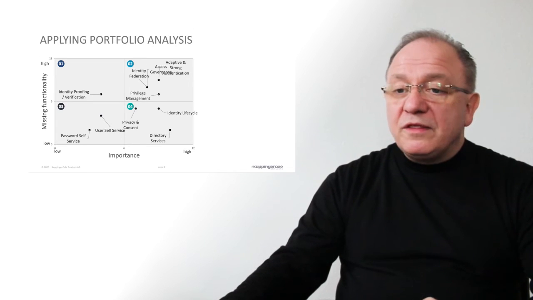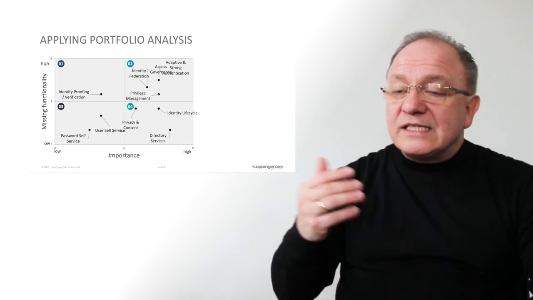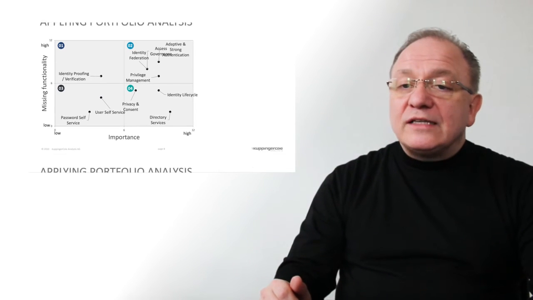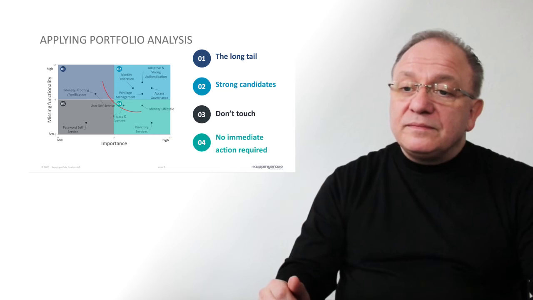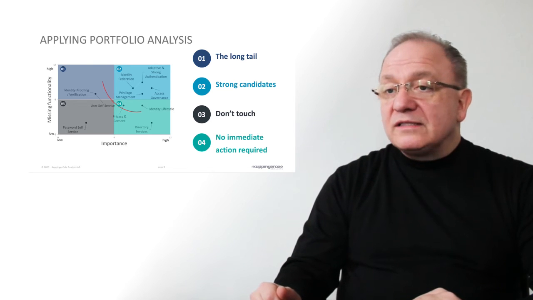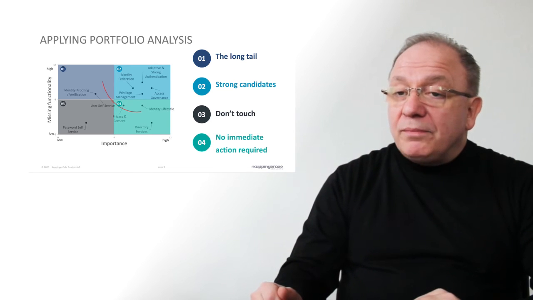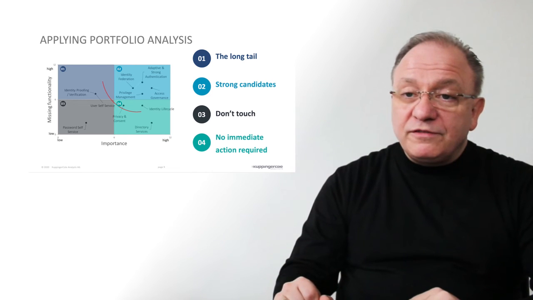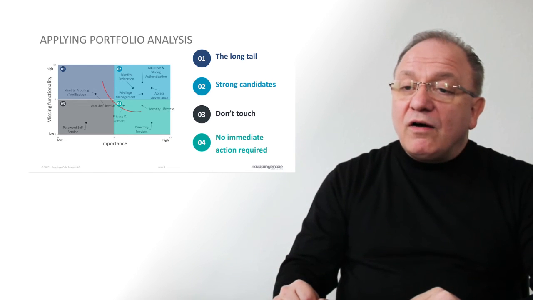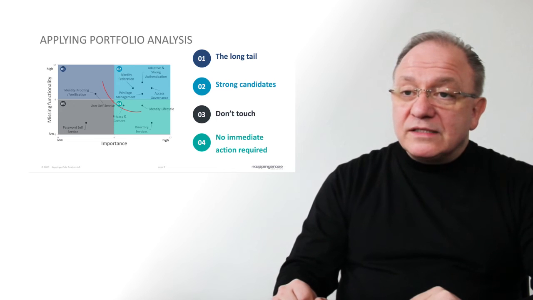So what do we do with this? Of course, we need to assess this. We need to get to a prioritization here. And that is how it looks like. The 4 colors are applied to the 4 segments of this graph. And they, of course, have different meanings.